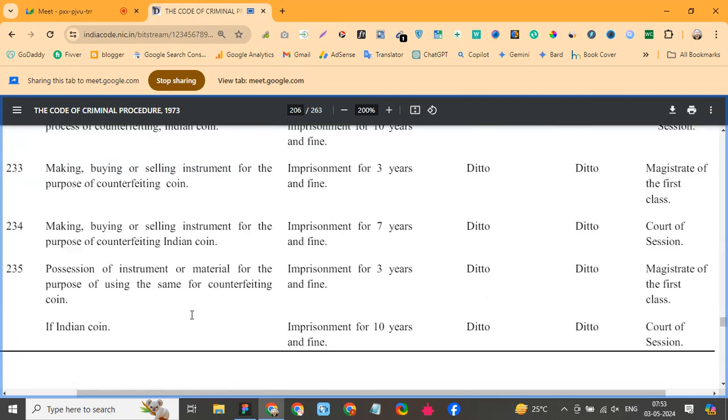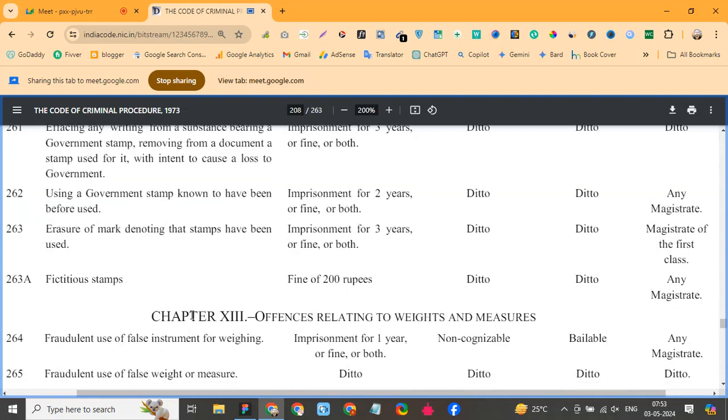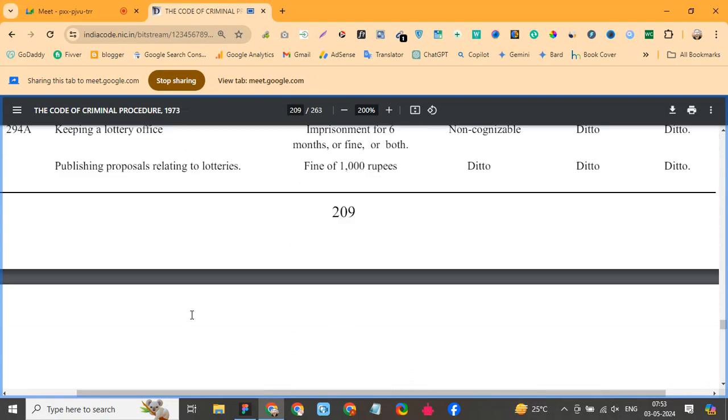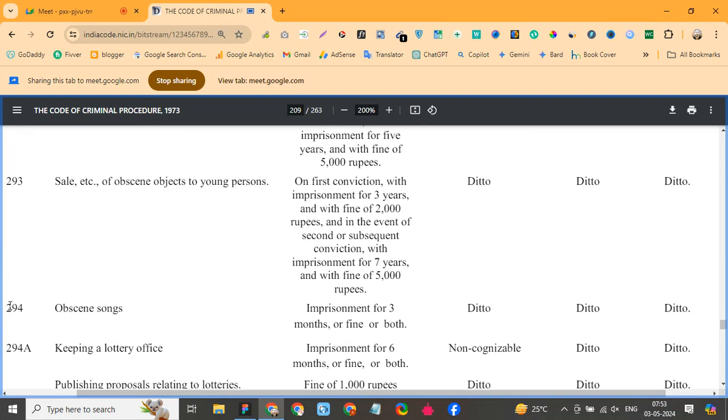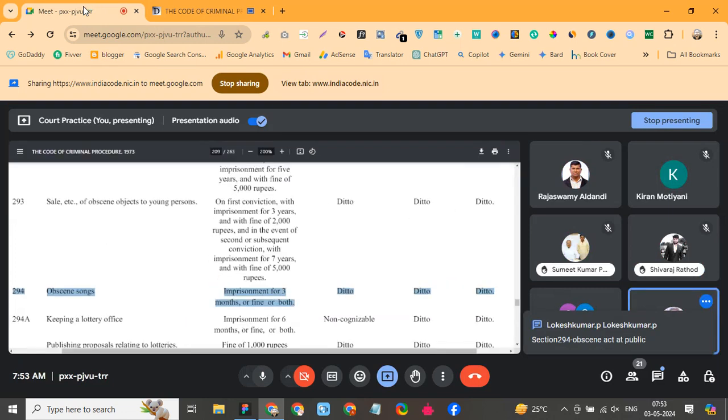I'm just noting it down. Okay, this is the 294. What is it saying? It is saying offense song, imprisonment for 3 years, not 3 years, 3 months, or fine, or both.